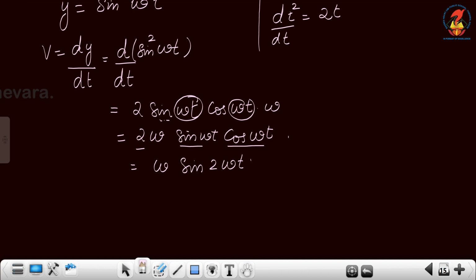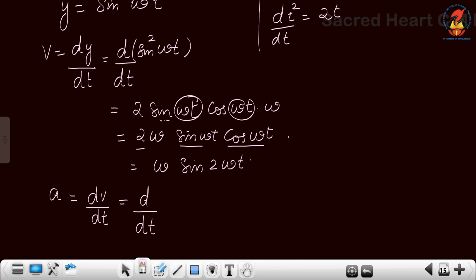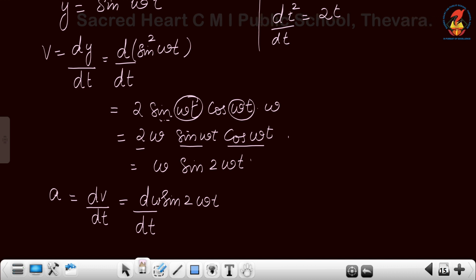So, next, what is our aim? Our aim is to find out the acceleration of the particle. So, acceleration is actually what? The rate of change of velocity. So, this is equal to d by dt of omega sin 2 omega t. Omega is a constant.